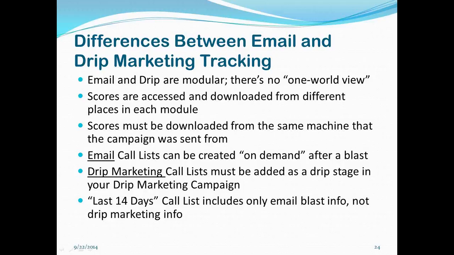It tallies up all the responses from all the emails that you might do, but it does not include Drip Marketing. So a lot of people think, oh, I'll just go there and get a report that has everything. No, there is no report in Swiftpage that has everything, because it is 2 separate modules. So that's just kind of a top level view.